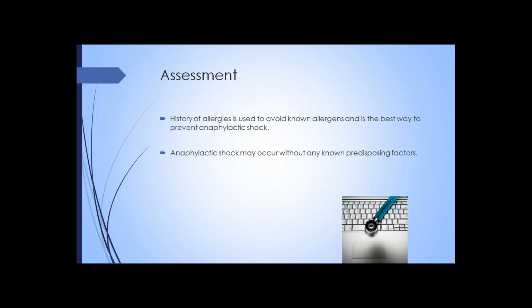But what about the one that you are not predisposed to an allergy to, right? What about that non-IgE type of anaphylactic reaction? This can result in anaphylactic shock because you don't know that predisposing factor and you don't recognize that you are having an anaphylactic reaction. You can go far enough into this that you turn into a shock state.